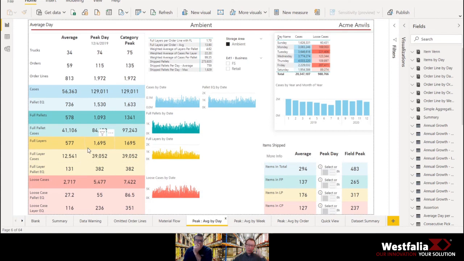In terms of SKUs, though, the number of SKUs that we're picking from, the number of products involved in layer picking, that's a very significant number that drives the technology that can be selected. We're looking at about 176 SKUs on the average day, and about 317 SKUs on the worst day of layer pick.